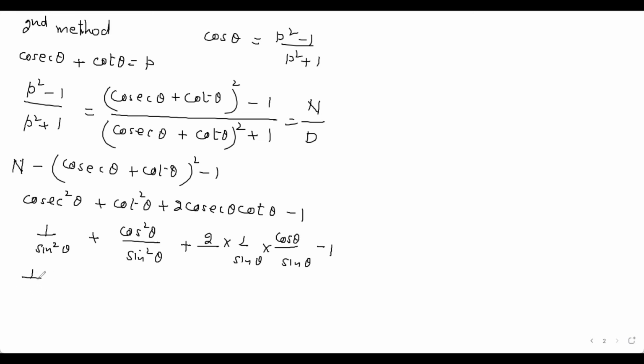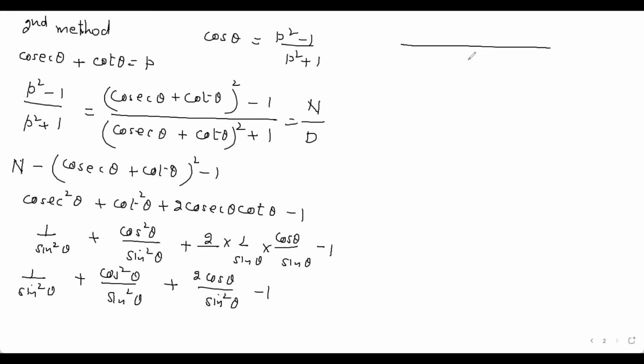Now I'll have 1 over sine square theta plus cos square theta upon sine square theta plus 2 cos theta upon sine square theta minus 1. Now take the LCM. The LCM is sine square theta. So I'll have 1 plus cos square theta plus 2 cos theta minus sine square theta.